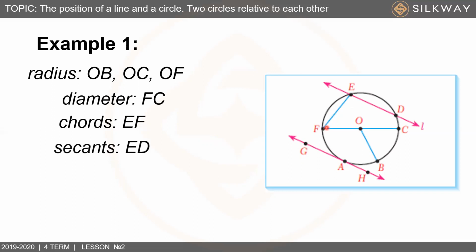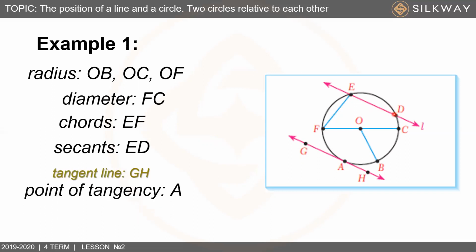And secant is ED. And the point of tangency is A, and the tangent line is GF.